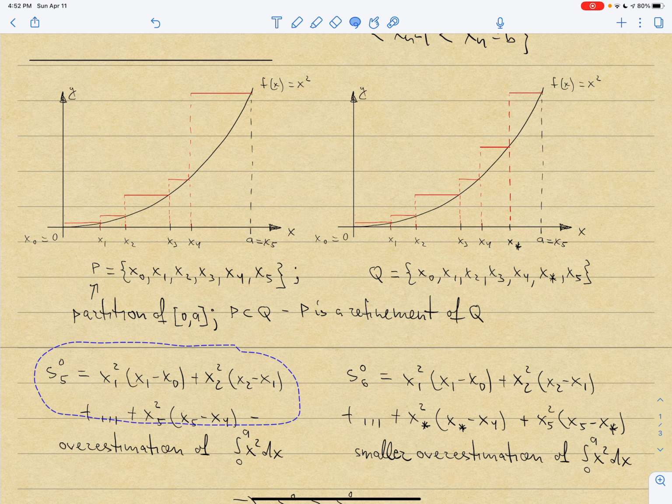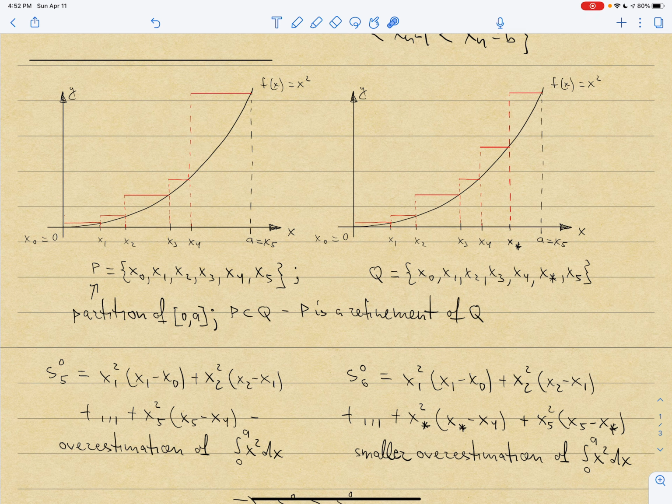So this is an approximation of the area, but in this case, clearly, because my function is increasing, at each right-hand point it is going to have the largest possible value in a given interval. Then that means if I use, like I'm using here, the right-hand point of each subinterval as the point where I'm calculating the height of a rectangle, then I'm going to overestimate the value of the integral.